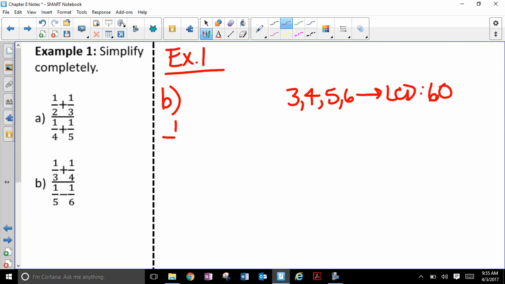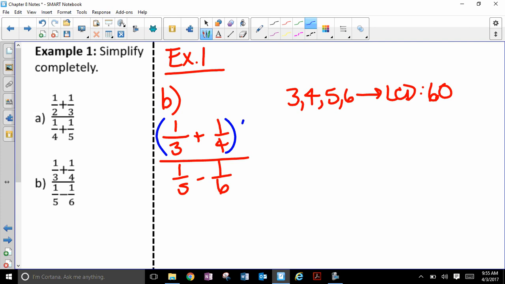Okay, so then I'm going to go back. 1/3 plus 1/4 all over 1/5 minus 1/6. Now I'm going to multiply the top by 60, and remember that's like 60 over 1 when you make 60 a fraction.